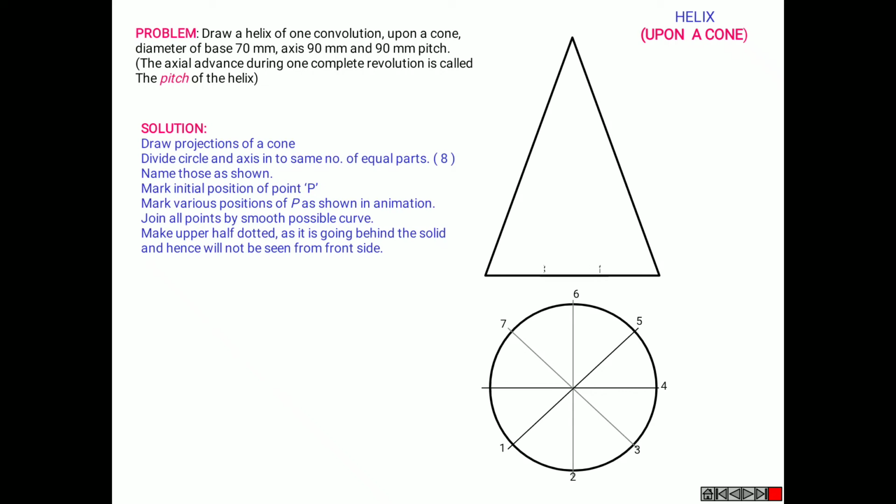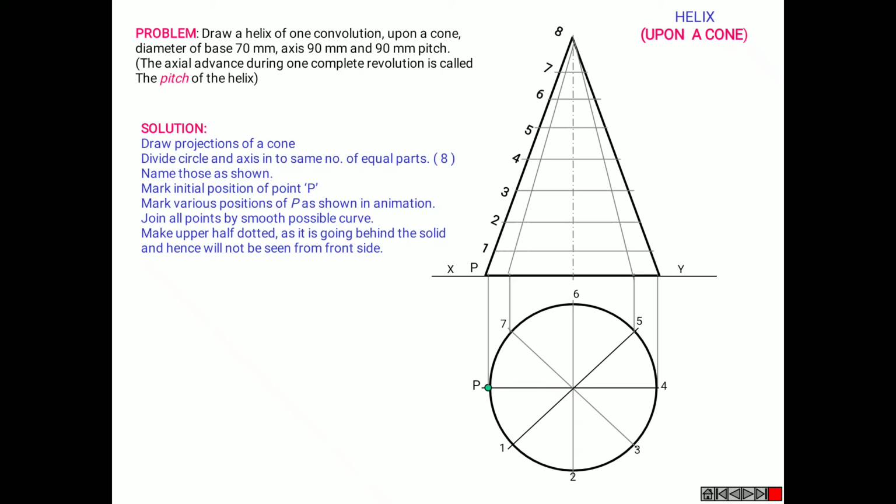Mark them from 1 to 8, the 8th point as P. Take the projections of all the lines from 1, 2, 3 and so on to 8. Now divide one of the slant heights of the triangle into 8 equal parts and name them from 1 to 8. Now mark the points from 1 to 1, 2 to 2, 3 to 3 and so on up to 8 to 8, nothing but P to P, as shown in the animation.